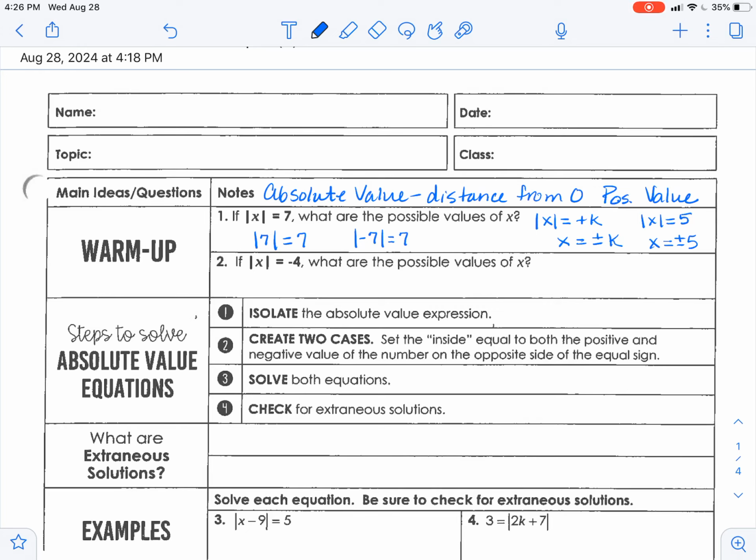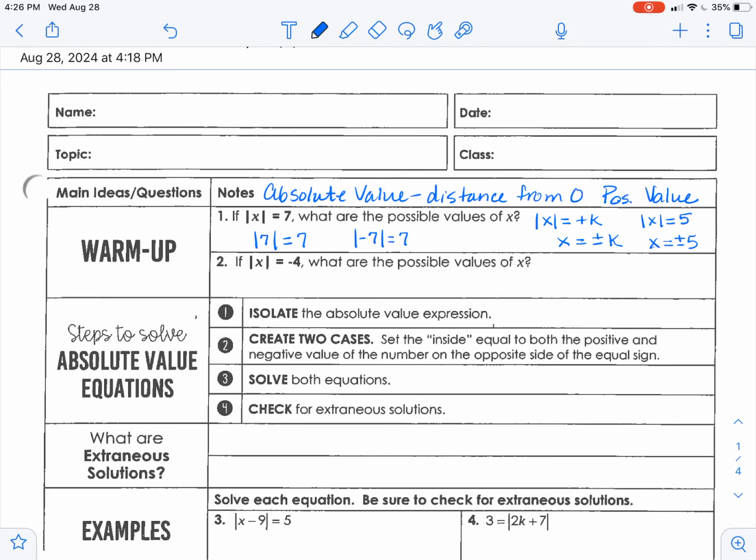When is the absolute value of x, or what number can I take the absolute value of and get a negative 4? Well, again, going back to our definition of absolute value, there is no number that we could put in place of x and get a negative 4, because by definition, the answer will always be positive.